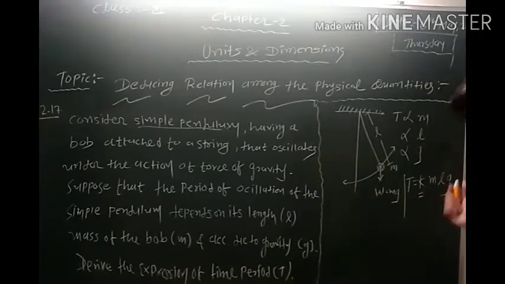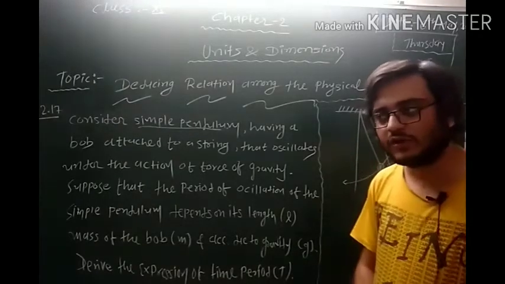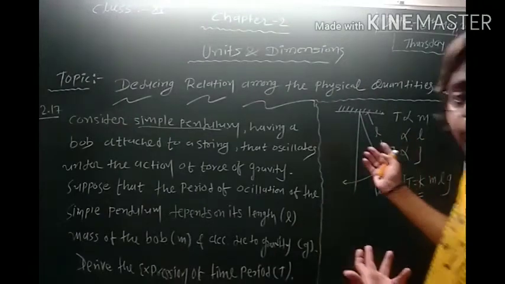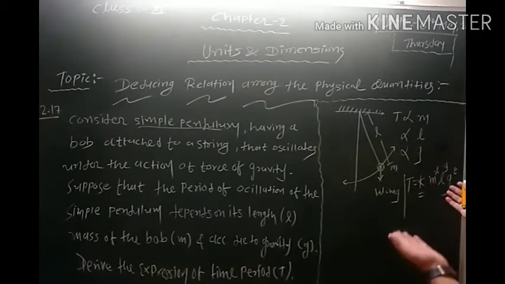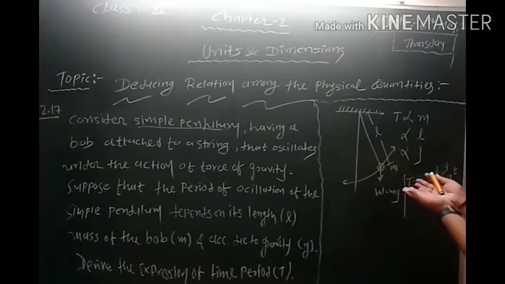Now here we can use some exponents, that is m raised to x, l raised to y and g raised to z. So we can now compare the powers of both the sides, LHS and RHS.